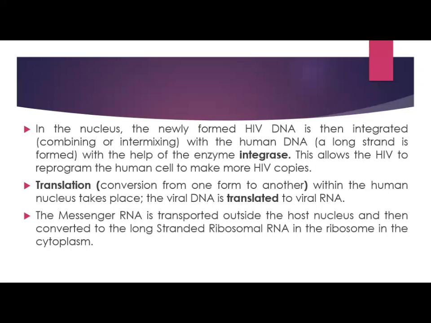The viral DNA is translated to viral RNA. So once this integration of HIV DNA and human DNA happens, and it reprograms the cell to make more HIV copies, there will be translation. The HIV viral DNA will now be translated to HIV viral RNA.